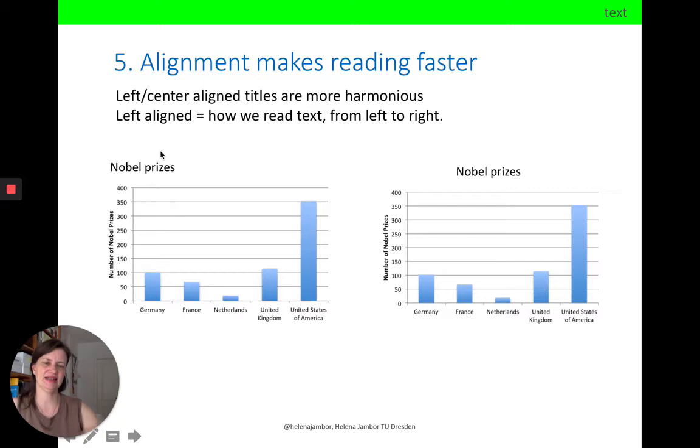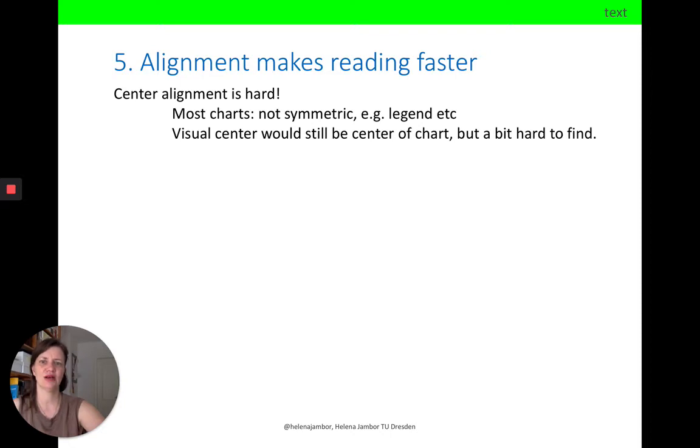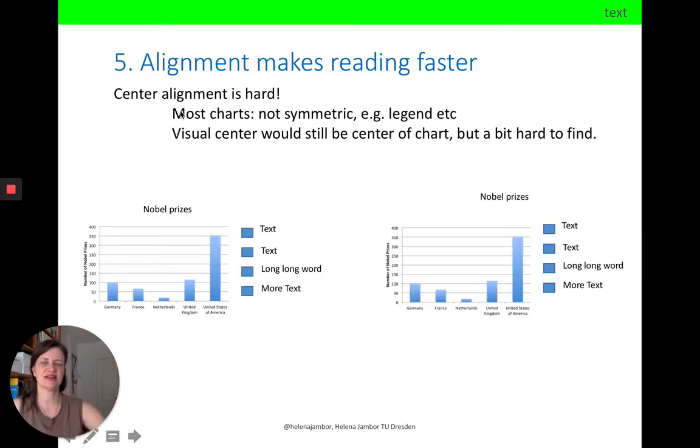Center alignment is a second possibility that some people prefer. And in this case, it sort of works because the chart itself is symmetrical. I'm going to now show you why center alignment is actually sometimes quite difficult. So let's consider this. Most charts that we want to have a title for are not symmetrical, for example, because I have a legend like this guy here. So in this case, finding the visual center of a chart is actually quite hard. So in this case, we have two examples. Both are center aligned.